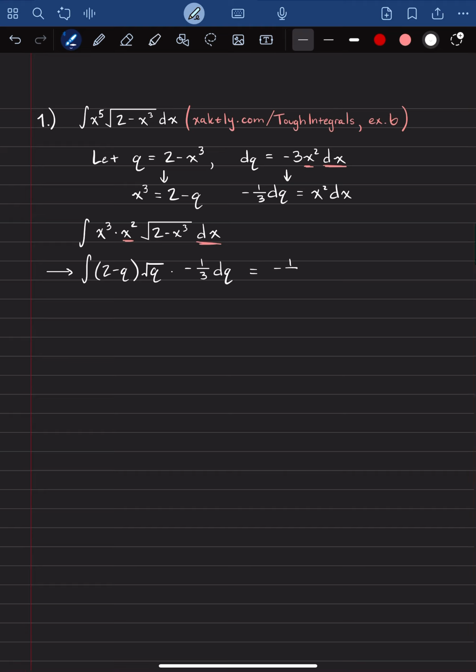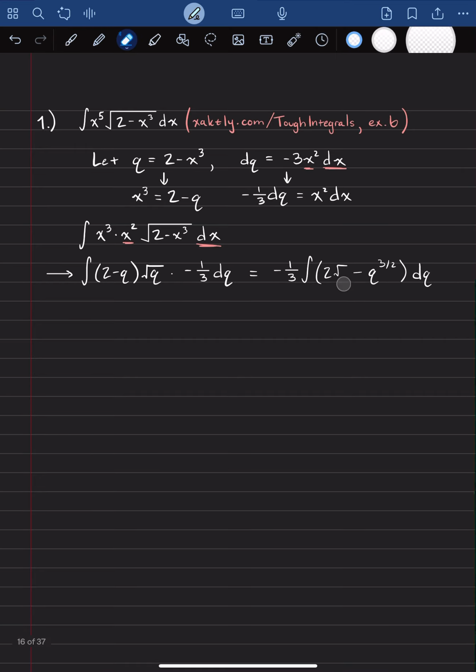So you get negative 1/3 integral of 2 square root of q minus q to the 3/2 dq. You know what, let's be consistent here. I will replace the square root of q with a fractional exponent, q to the 1/2. We got to be consistent here, guys.